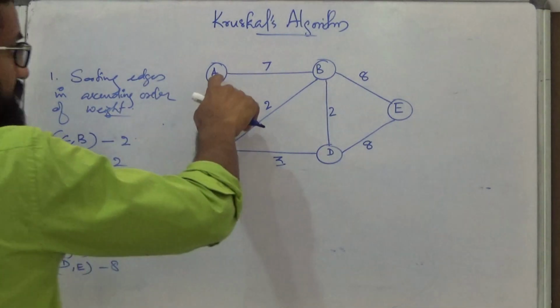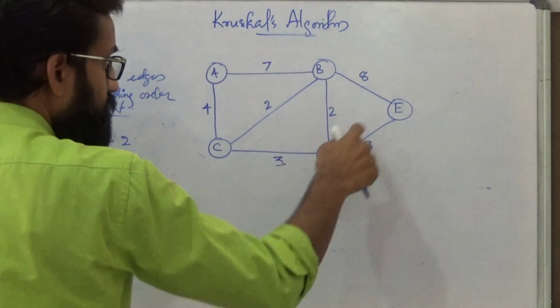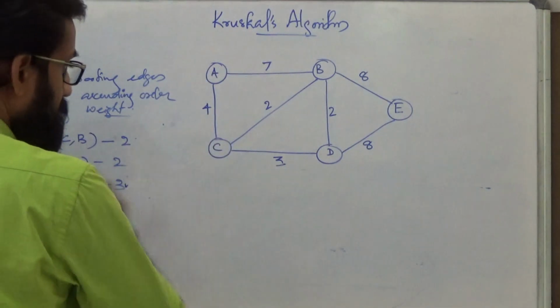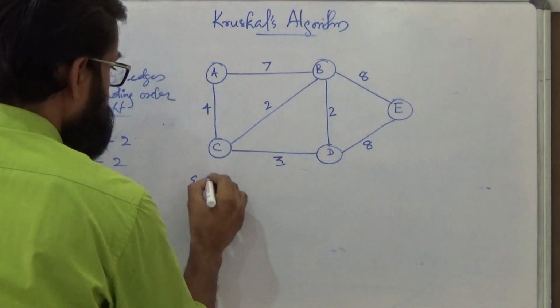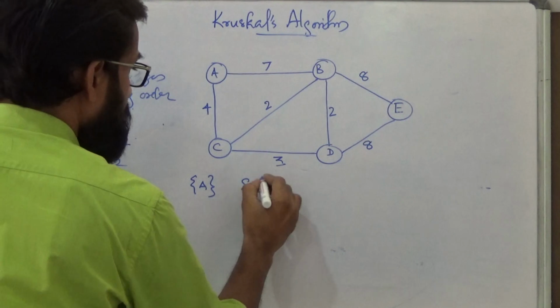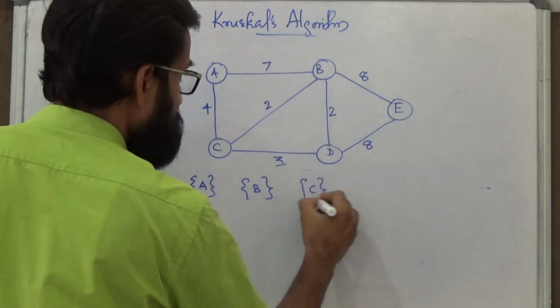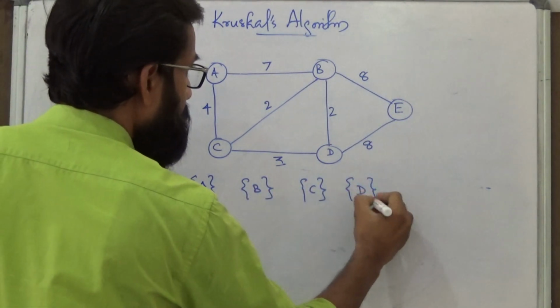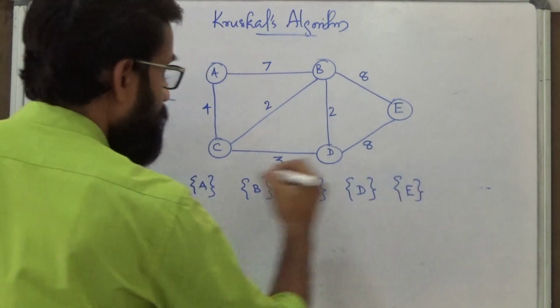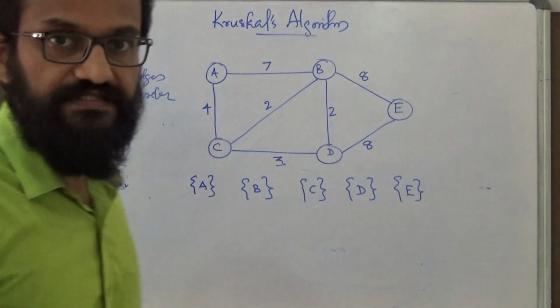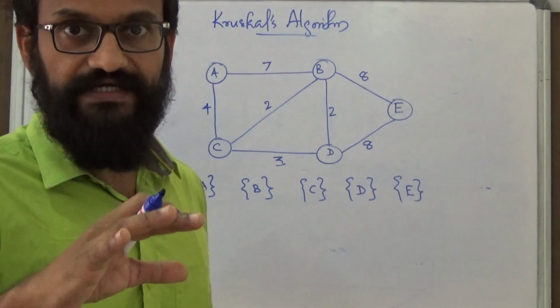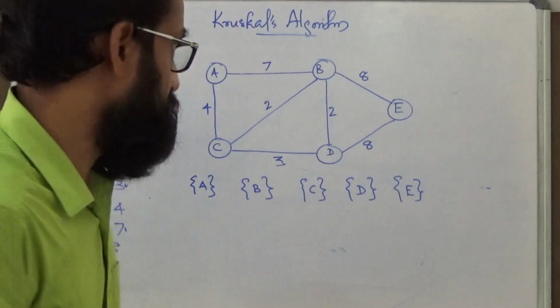Now for each vertex you have to perform make set. So you will be calling make set A, make set B, similarly make set C, make set D and make set E. So if you have 5 vertices, you have to execute make set 5 times, so you will be getting 5 singleton sets.